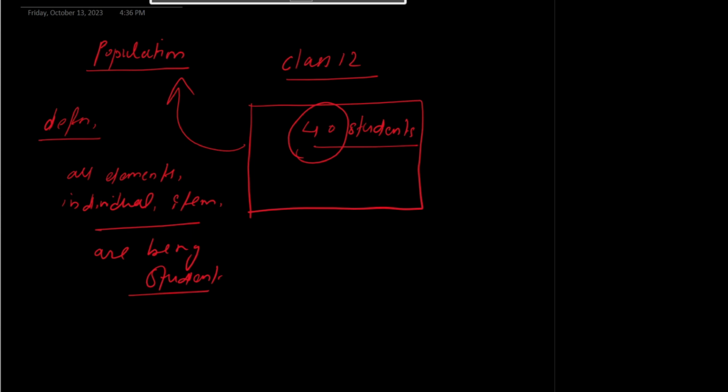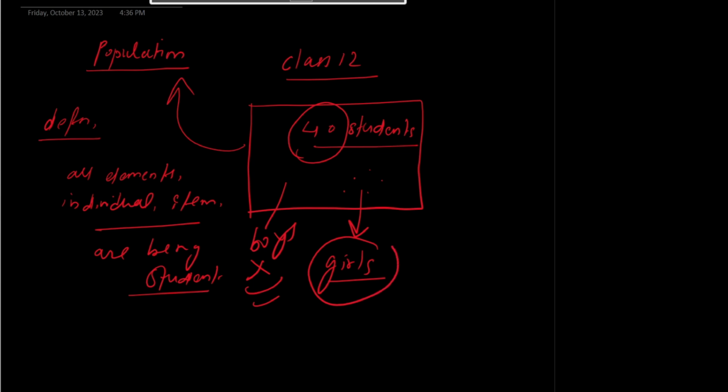But in a case, the population may also consist of some extra students that we do not want to study. For example, if we want to do some statistical analysis for girls only, then we have to eliminate boys.